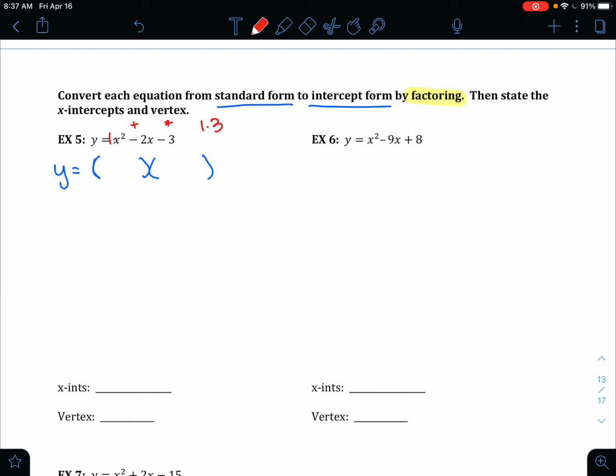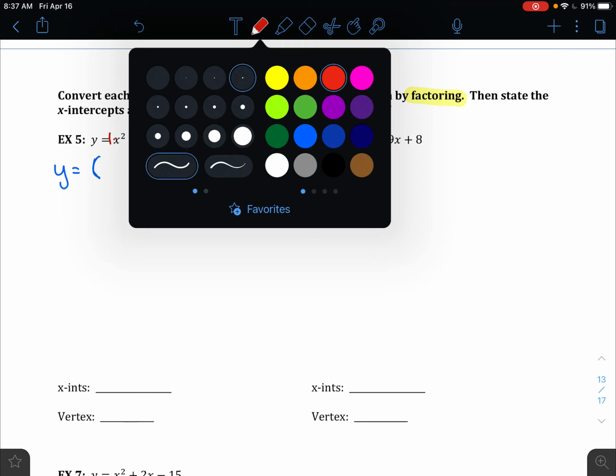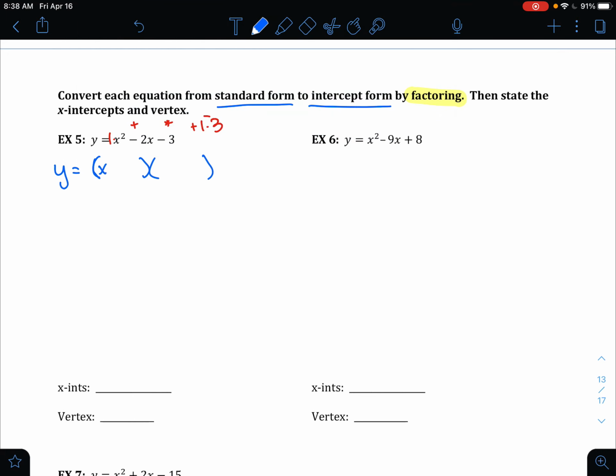They're going to multiply up to the negative 3, add up to the negative 2. So 1 and 3 are my only options. So if I want them to add to negative, I'm going to make 3 negative, 1 positive, and then my multiplication will still give me negative 3. Okay, so one of my factors is going to be x plus 1, and then x minus 3. So that's intercept form right there.